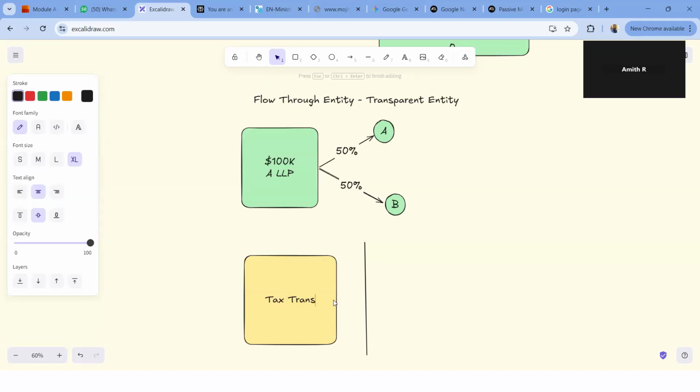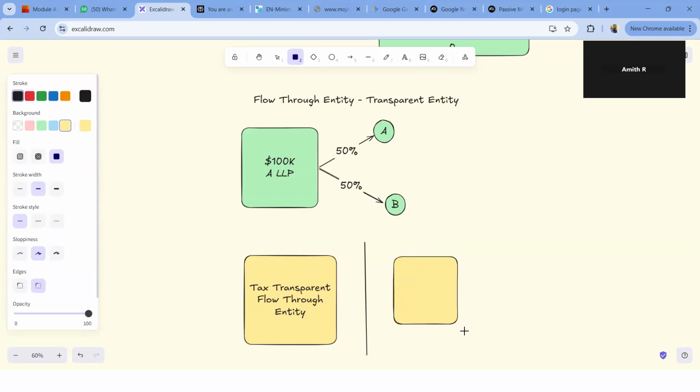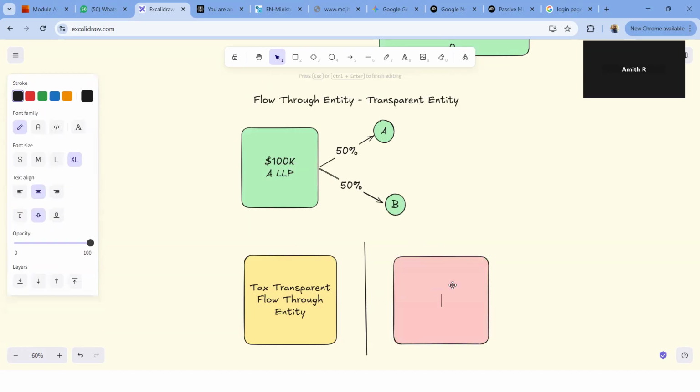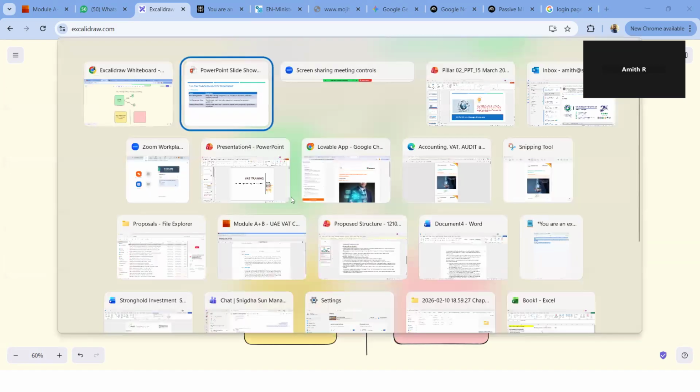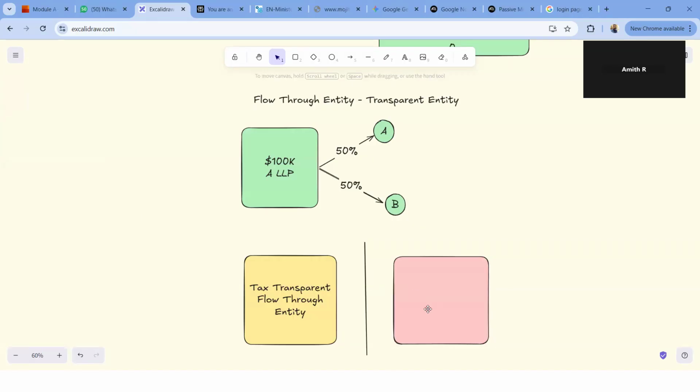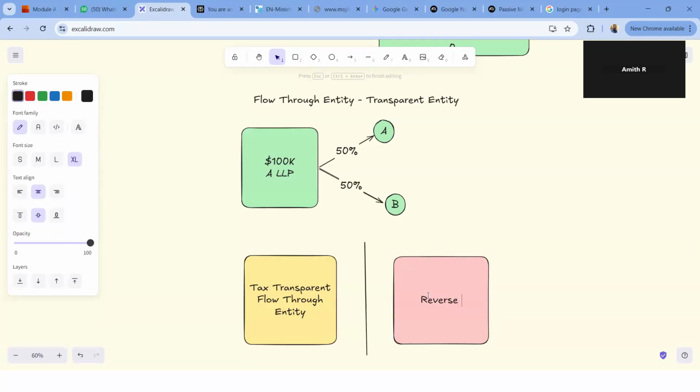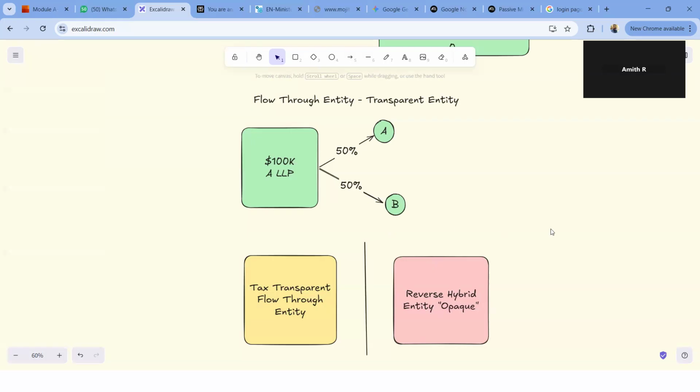One is the tax transparent flow through entity and the other is the opaque entity, also called a reverse hybrid entity. A flow through entity could be a tax transparent entity or a reverse hybrid entity.